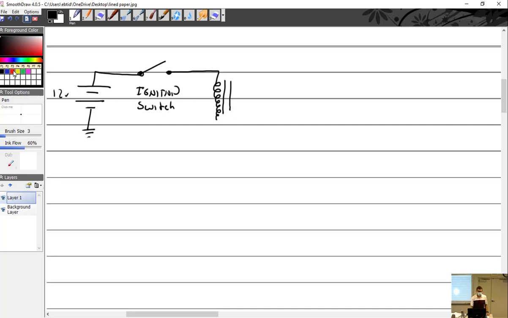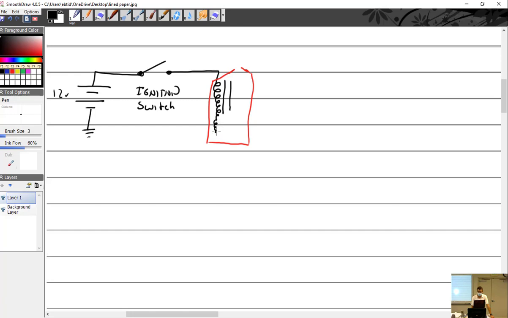So we could make it look like this. So we got a coil that's in there. And that's the outer casing, that's what you'd see.